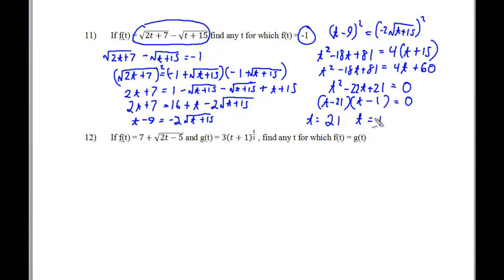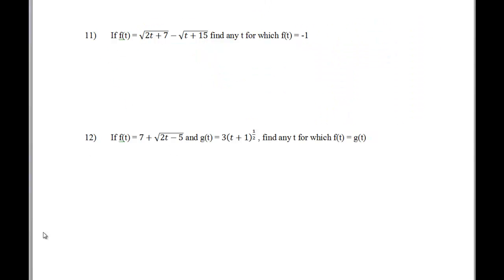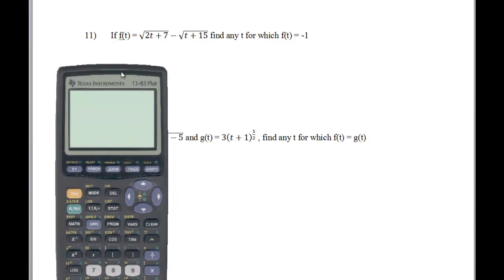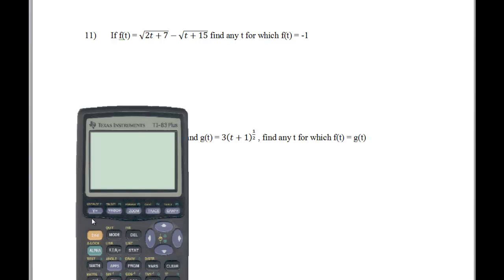Now, I'm going to go back and check these answers. Now, when I do so, all this is going to get erased. So I'm checking to see if 21 and 1 will make the problem true. So let's go and check it out on the calculator. Fastest way to do it. So I'm going to try 21 first.